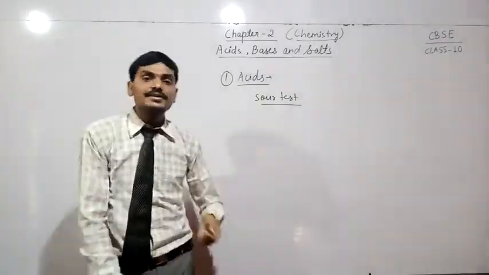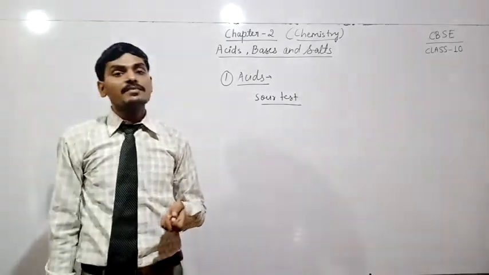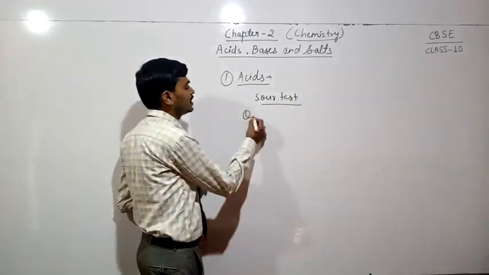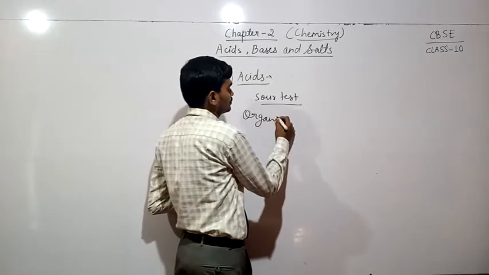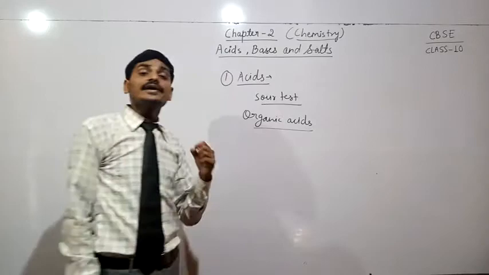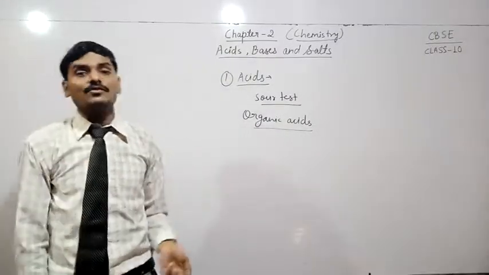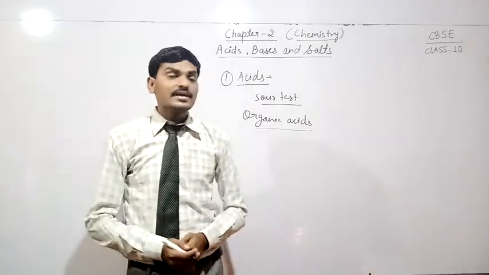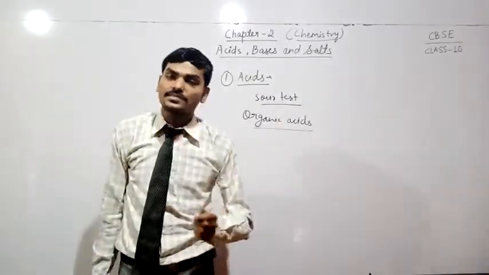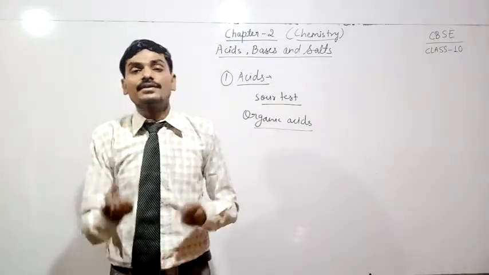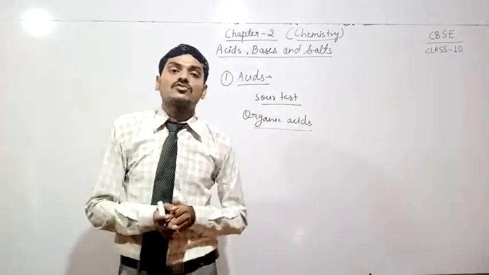तो ऐसे एसिड जो प्लांट मटेरियल में प्रेजेंट हो या एनिमल में प्रेजेंट हो, तो ऐसे एसिड को हम ऑर्गेनिक एसिड बोलेंगे. Now what are the acids? Acids are those substances which give H plus ion in the aqueous solution.